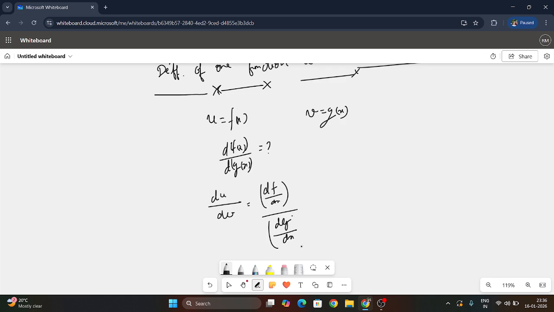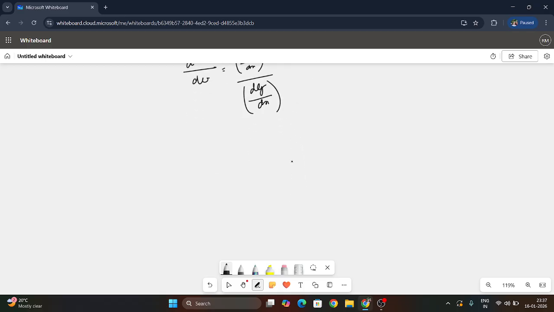Okay, so these things you have to keep in mind, and you can get your answer very easily. Okay, so now let's take one problem, and with the help of that problem it is going to be solved. Not so much difficult. Just take these two functions separately and differentiate with respect to the variable.